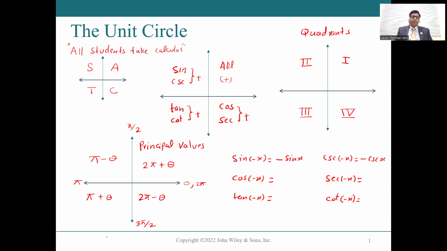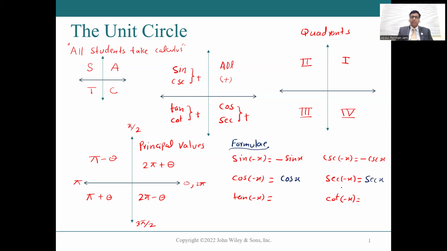And then there are some important formulas of negative angles. Sine of negative x is minus sine x. Cosecant of negative x is negative cosecant x. Cosine of negative x is cosine x, and its reciprocal, the same thing, secant x.